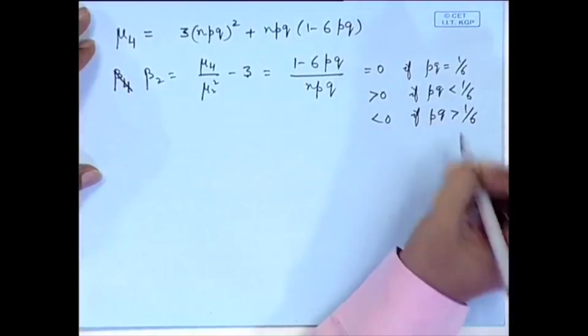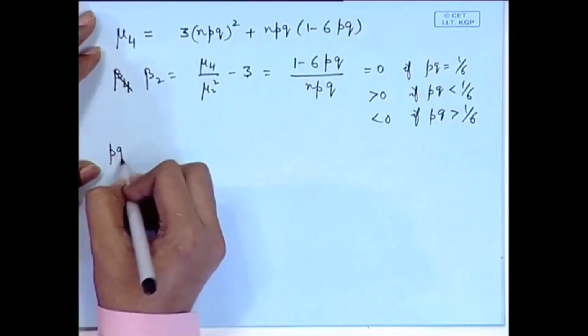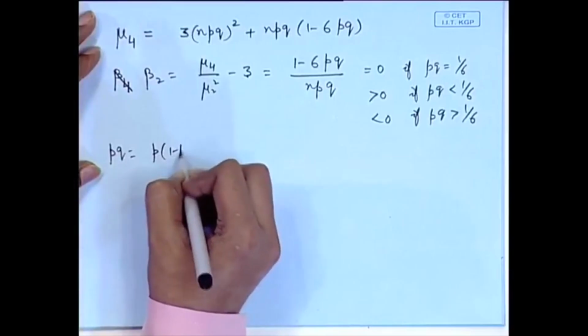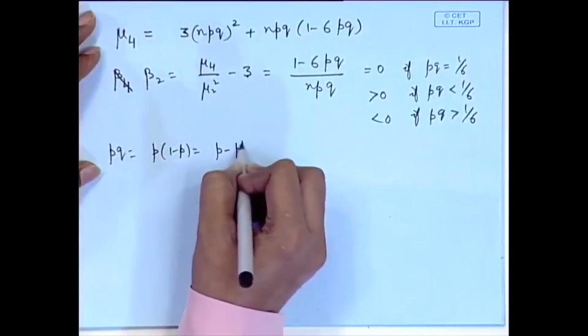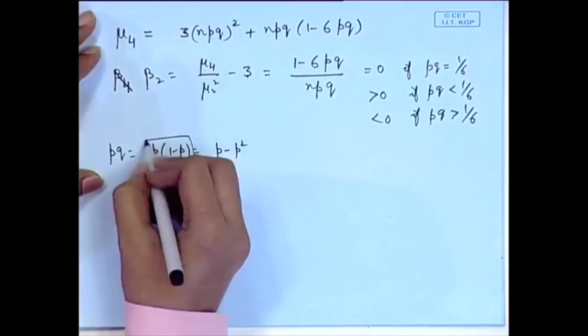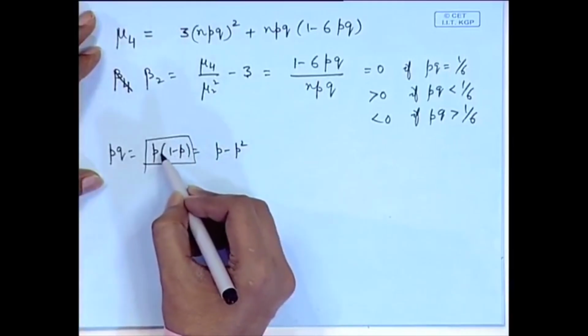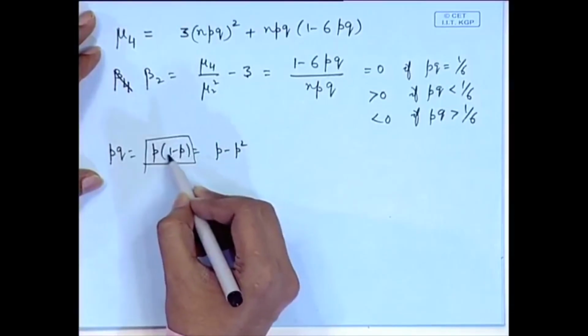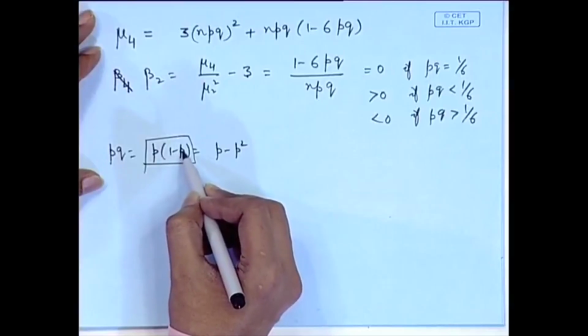Now, this p into q term is actually p into 1 minus p, that is p minus p square. Now, we know that the range of this is from 0 to 1 by 4. The maximum value is attained at p is equal to half.